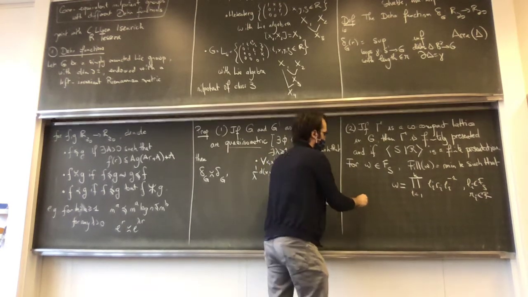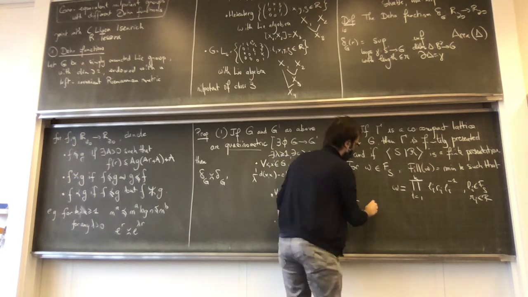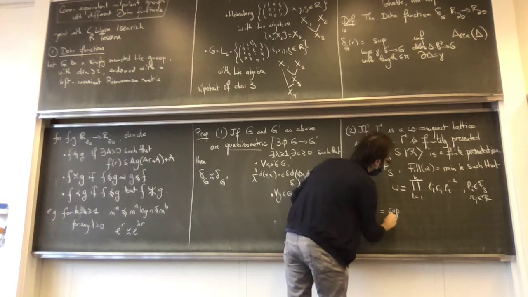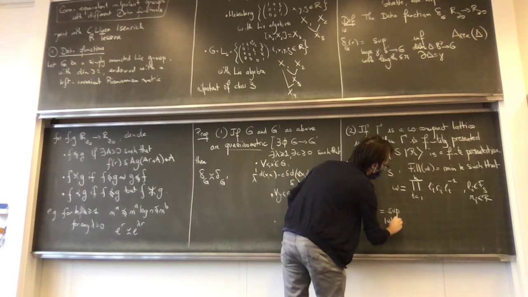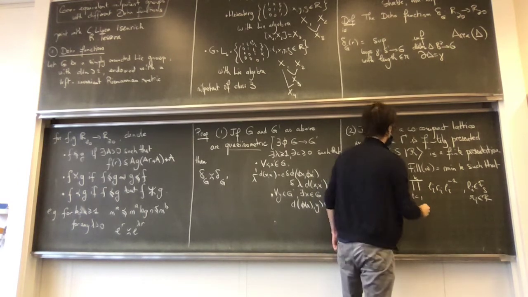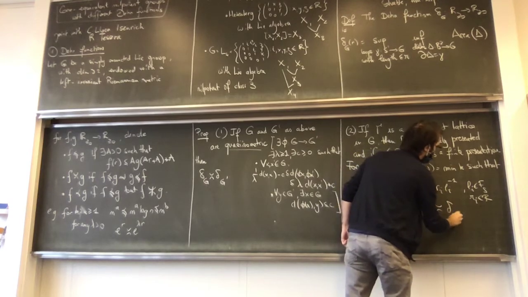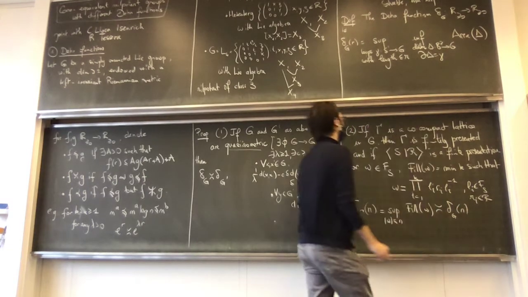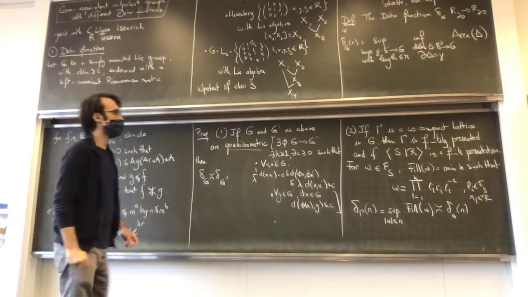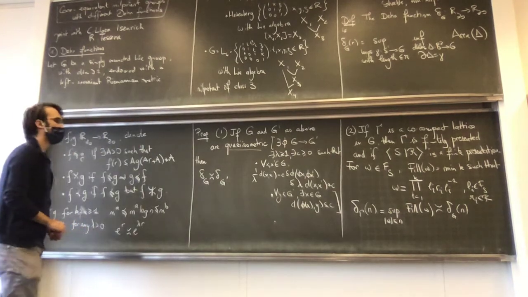Okay, and then the Dehn function of gamma is the supremum for omega with length at most n of the filling of omega, and this is actually the Dehn function of G. So this is a combinatorial analog, and for certain properties it's easier to use this definition.